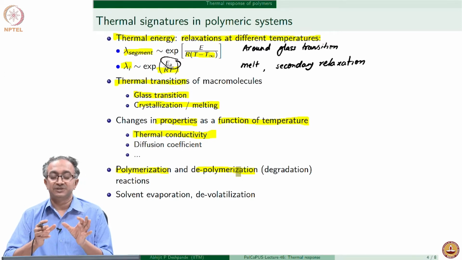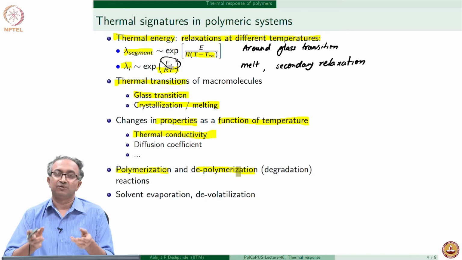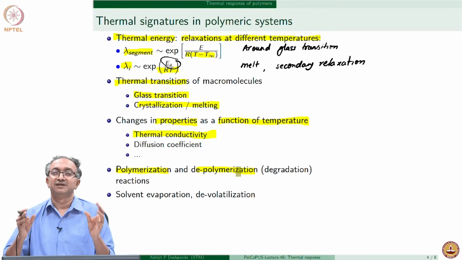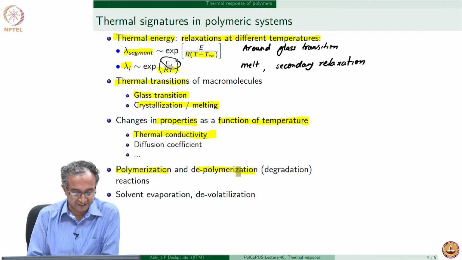We have monomers joining together to form a polymer, and that is polymerization. So, will it be exothermic or endothermic? Or conversely, when we have a polymer which is breaking down into smaller fragments, depolymerization, will this process be exothermic or endothermic? So, think about it, while we will get back to this a little later in the lecture.